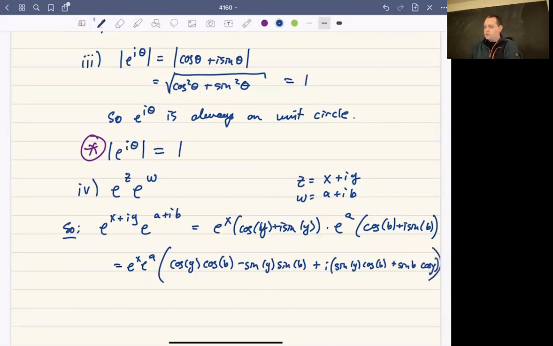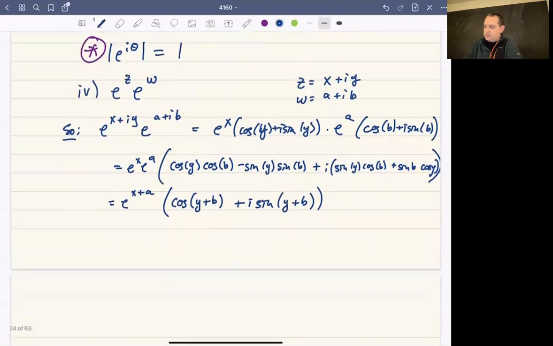Okay. And so if we think about our trig identities, the stuff in parentheses is going to be cosine of y plus b plus i sine of y plus b. And the exponential terms are just real, so we already know that we can add the exponents. So what this is, if you think about it, is e to the z plus w, because z plus w is x plus a plus i times y plus b, right?